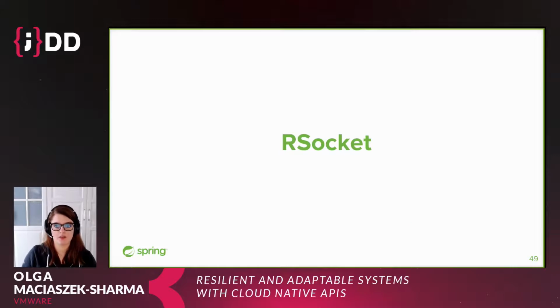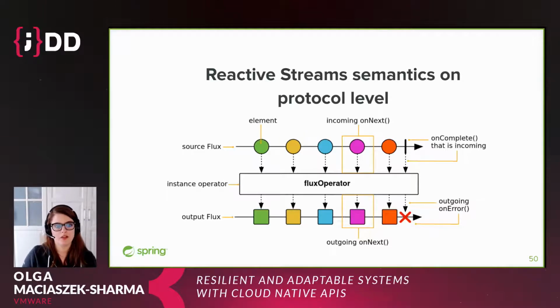Another protocol, which is quite fresh and new, but we think is really interesting, is RSocket. What RSocket does is take the reactive stream semantics, which, again, I guess many of you are familiar with, onto the protocol level. With reactive streams, we see the responses we're getting as streams of events, streams of data that we can later filter, map, handle error streams, and so on.